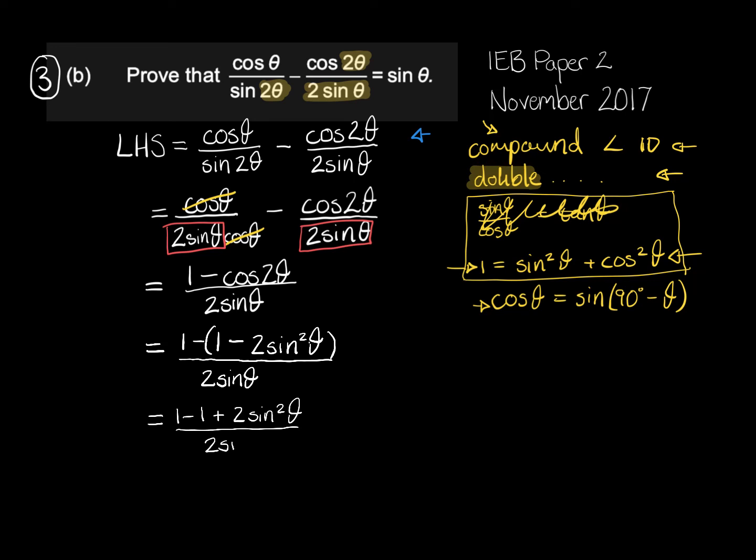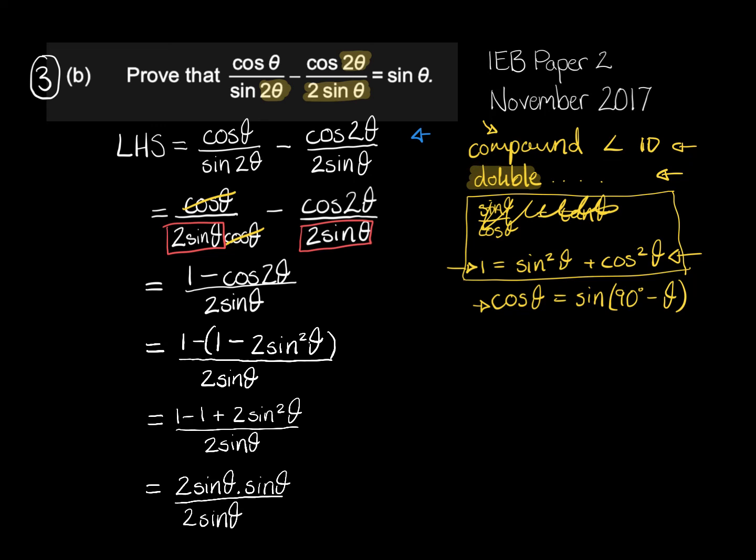The reason I'm showing it is because I'm a teacher, and it's a good idea so that you can follow my thoughts. The other step I'm about to show is, instead of writing sine squared theta, I'm going to write sine theta times sine theta over 2 sine theta.